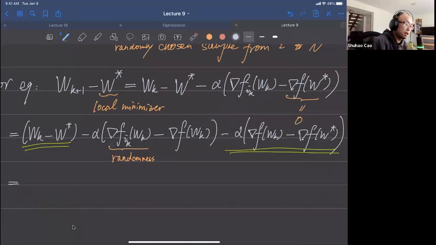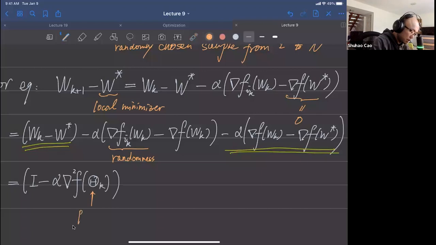Remember, last time what we did was, when we combine these two terms, we get I minus alpha times the Hessian of f evaluated at theta_k.